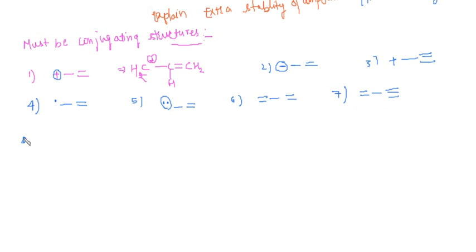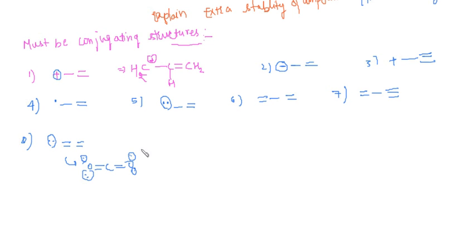Eighth, a lone pair, then a double bond, then a double bond. So this is also a resonance. An example of the last structure is CO2. Oxygen has two lone pairs, and here also oxygen has two lone pairs.